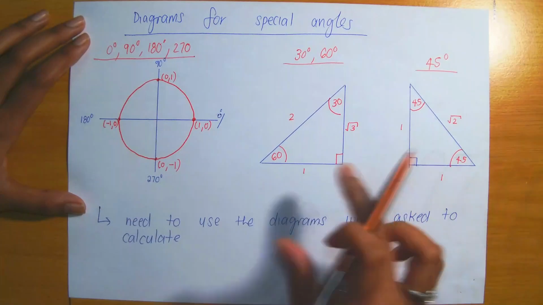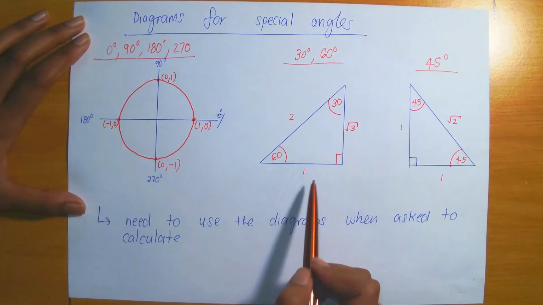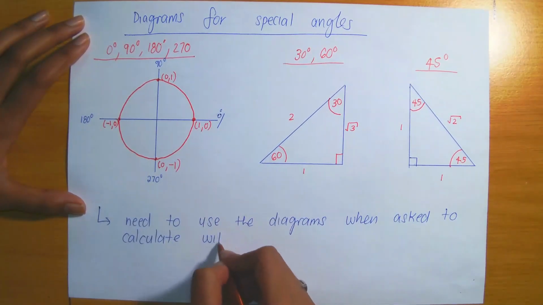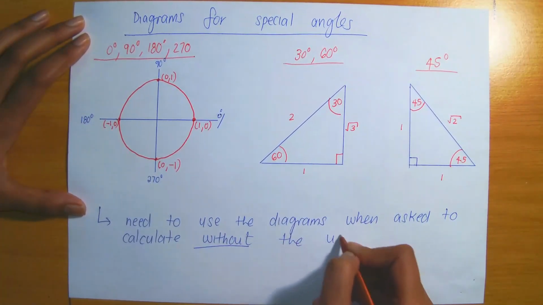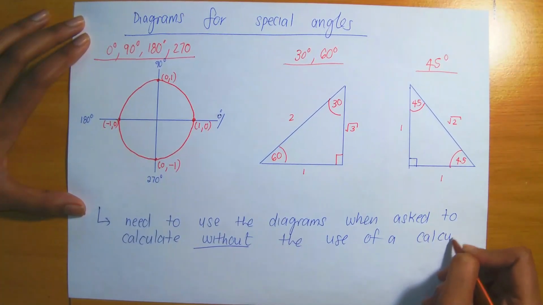One of the explanations would be to provide your diagram on the side, so they know that you have done the computations with the aid of a diagram. So you need to use diagrams when asked to calculate without a calculator. So that's important.